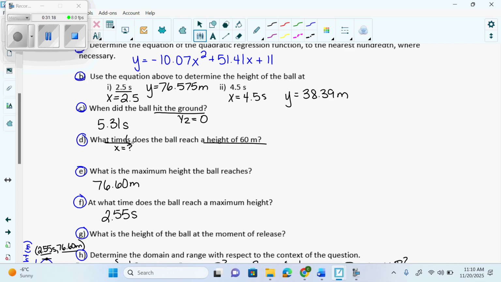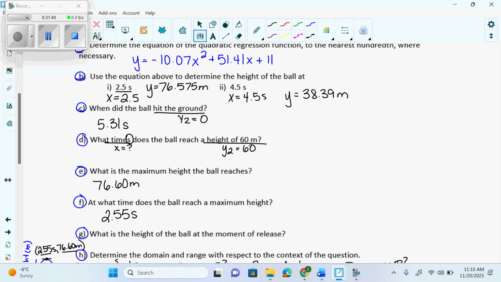And it says times. So y2 equals 60, because it's height. Type that in. Why does it say times? What times does it reach 60?